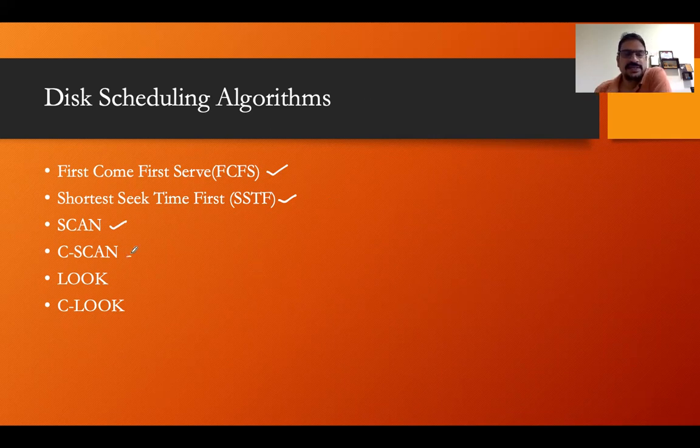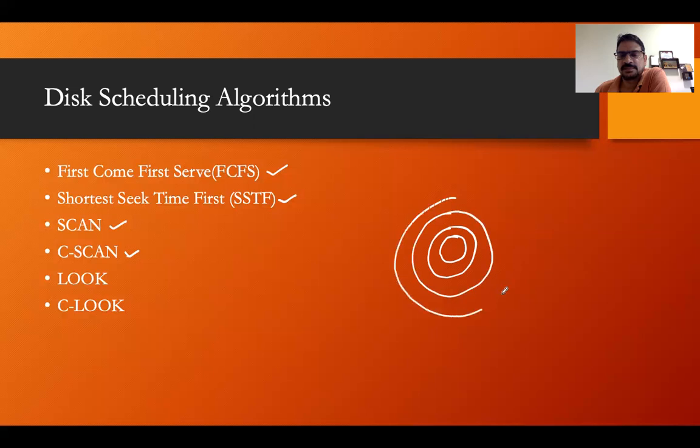Now C-scan is the enhanced version of scan, in which we assume that if it is going up, then it will start from 0. So you assume that the sector is like this, right? So let's say I am in a particular sector.